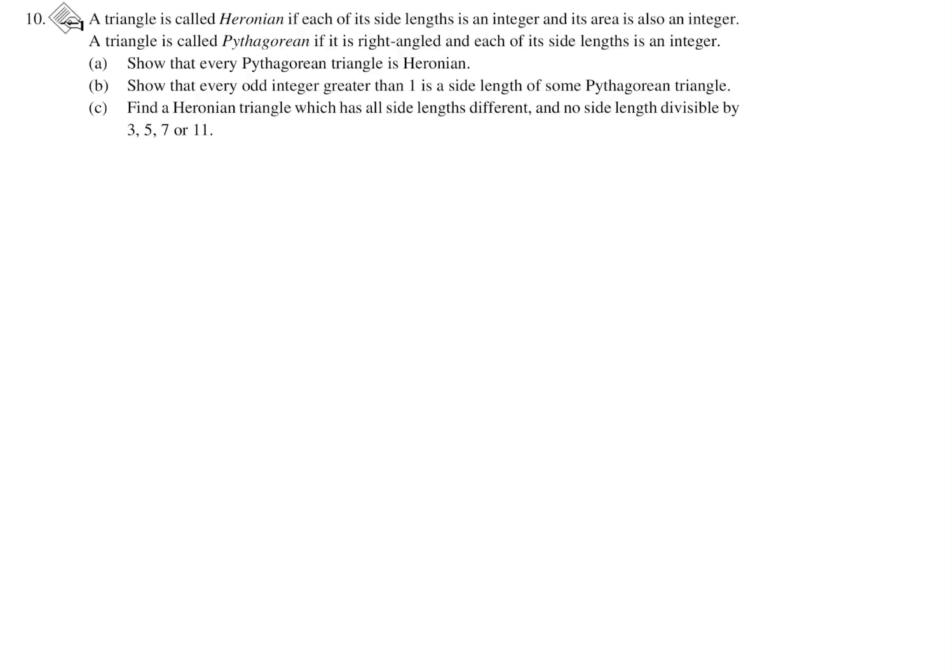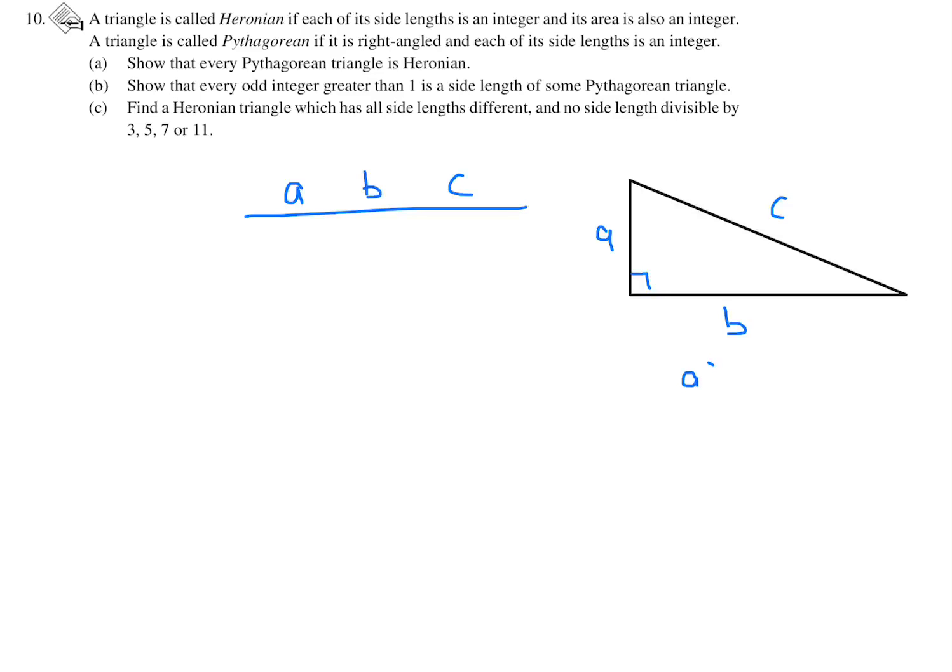10b, show that every odd integer greater than 1 is a side length of some Pythagorean triangle. So a, b, and c, correct? We've got Pythagorean triangles that have right angles. And if this is your right angle, and this is a, and this is b, and this is c, a squared plus b squared is going to be equal to c squared, right?